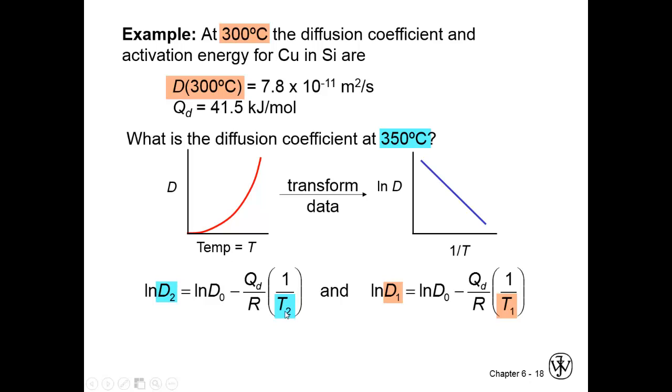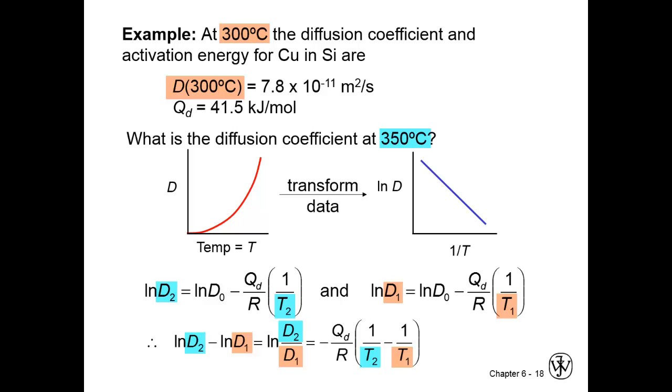Thing is, we don't know D naught, the pre-exponential, and we don't know the diffusion coefficient, which is our ultimate goal here. Well, this pre-exponential should be the same, and we'll use that later. The next step is to set these up so that we simply take one linear equation and subtract it from the other one.